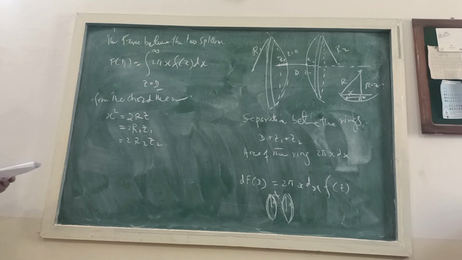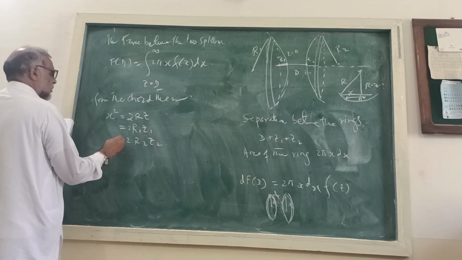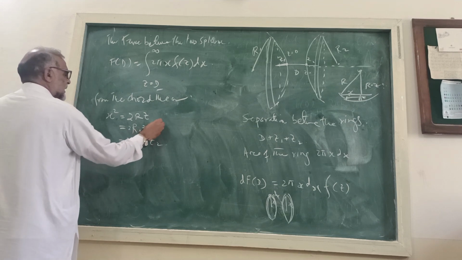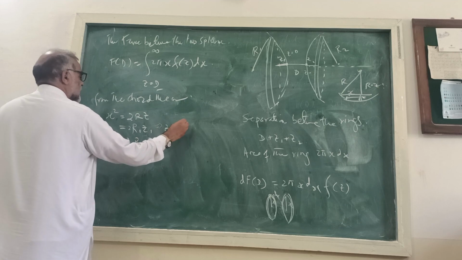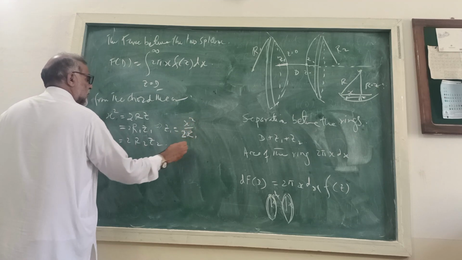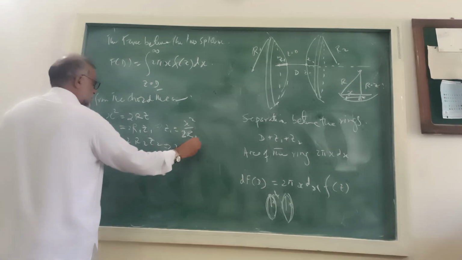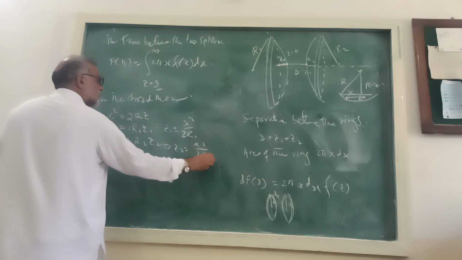And from here I can get z1 equal to x squared by 2r1, and from here z2 equal to x squared by 2r2.